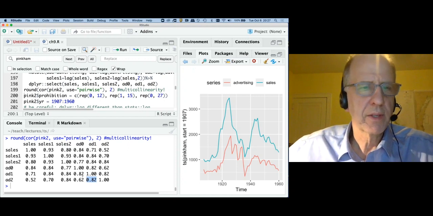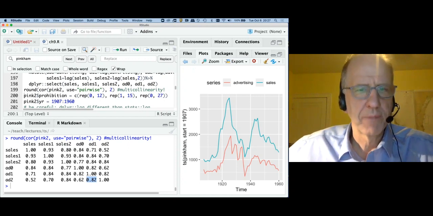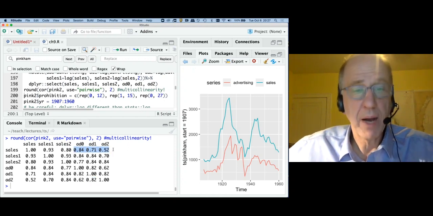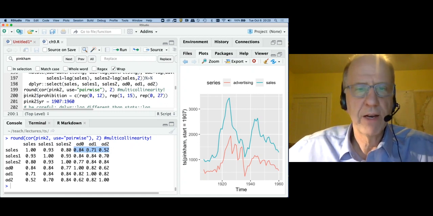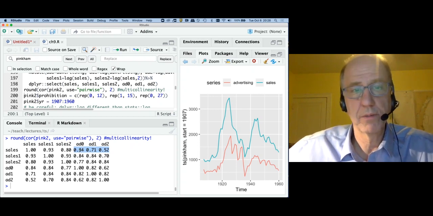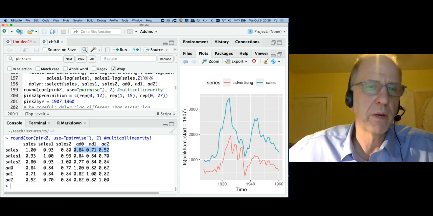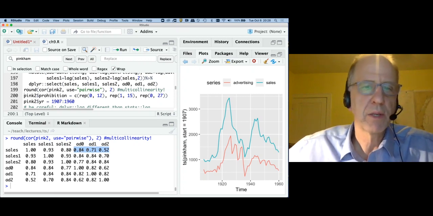Now, another thing that I think we should note is advertising has a positive correlation with sales. However, that effect diminishes over time. So my advertising this period correlates with sales this period with a value of 0.84. What I did last month has a positive correlation, but it's only 0.71.